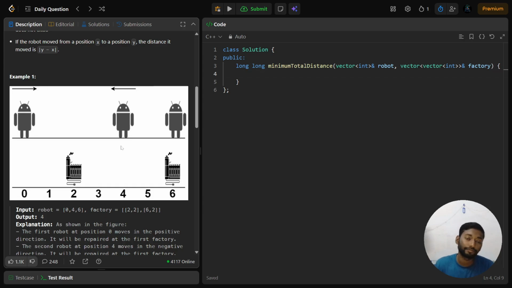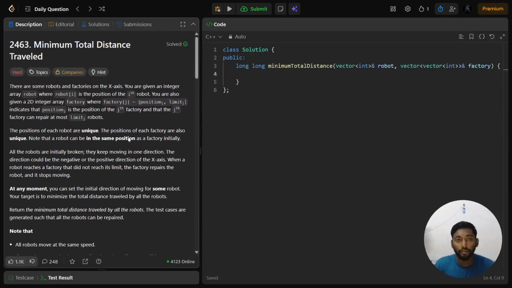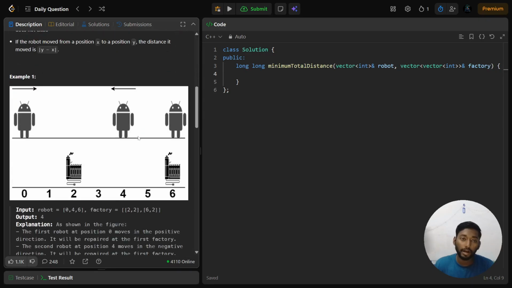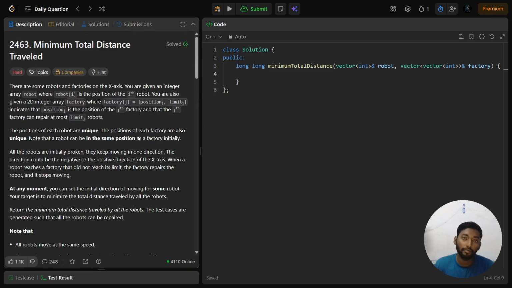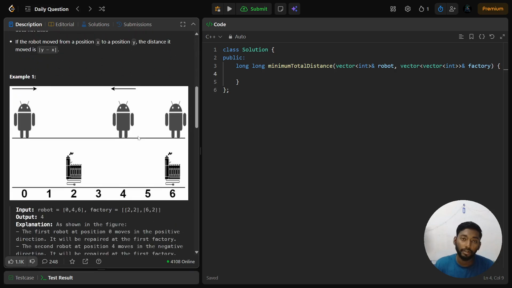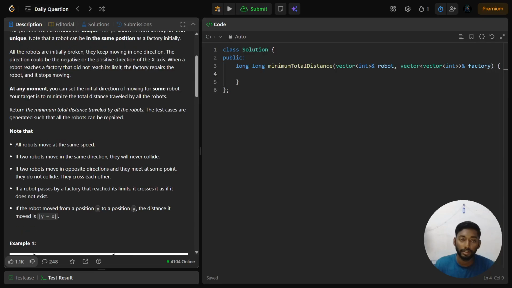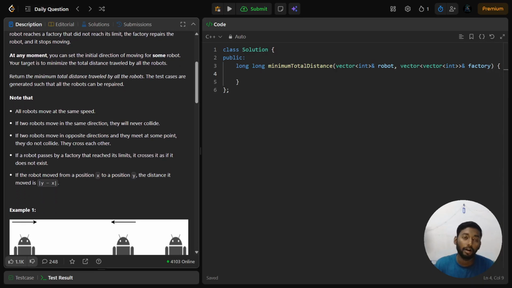Greedy won't work, no. If we are simply asked whether it is possible to distribute so that all robots can be repaired, like a boolean answer yes or no, then I think we can solve it greedily. But here we have to calculate the minimum total distance, so I think we have to use dynamic programming here.